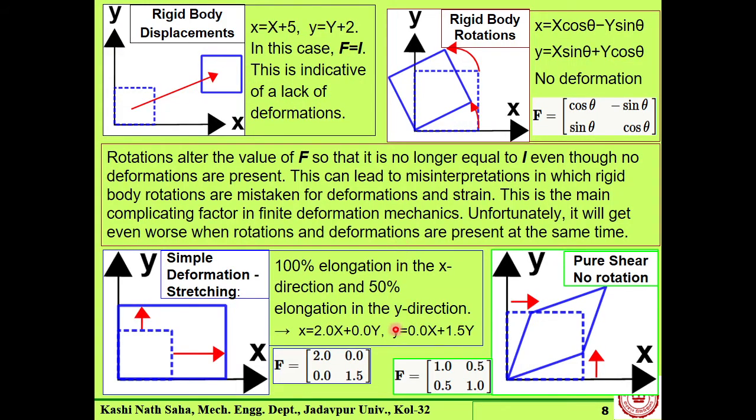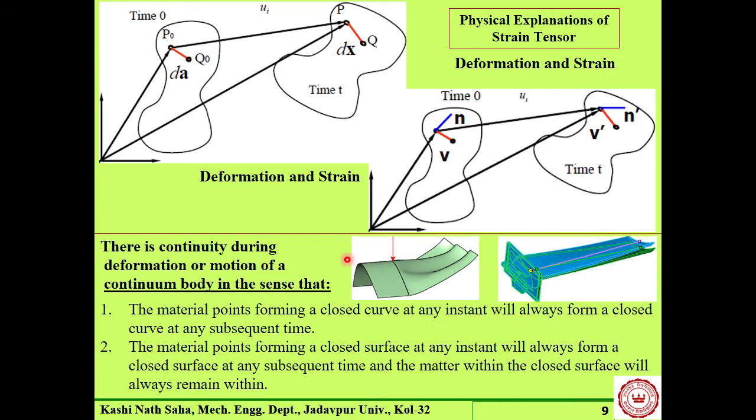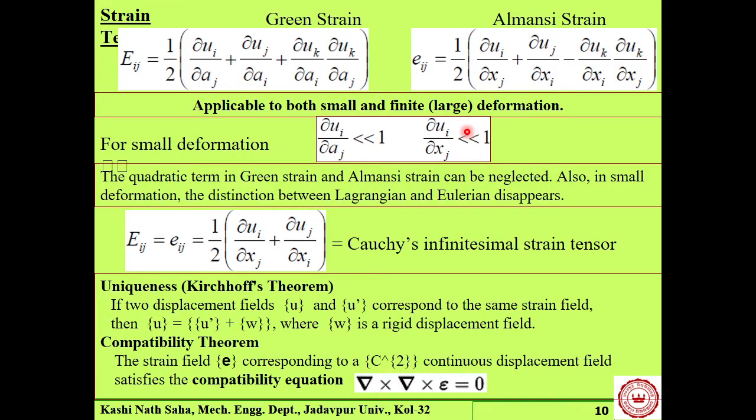So these things we will discuss afterwards when we go into other measures, some are known as Lagrangian, etc. These are the strain measures. Actually, this is some of the definition of strain which we use for large rotation, large displacement, etc.